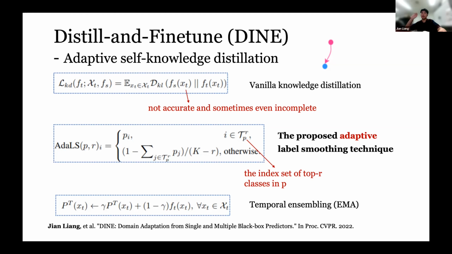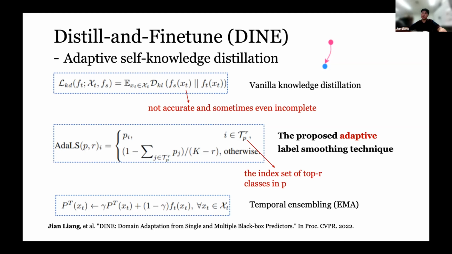Just like label smoothing, we introduce the so-called adaptive label smoothing technique here. We preserve the largest confidence and then smooth the confidence of the other classes to formulate the new teacher signal.